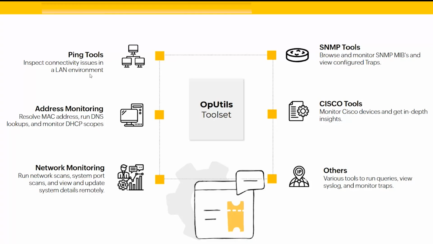There are 6 different groups of tools: ping tools to detect connectivity issues, address monitoring tools to resolve MAC addresses, run DNS lookups and DHCP scope, network monitoring tools to run network scans, SNMP tools like MIB browser, Cisco tools specially designed for managing and monitoring Cisco devices, and finally a general networking toolset to run queries, view syslogs, and monitor traps. With this, we get a broad set of utilities, and OpUtils ensures that admins don't need to rely on multiple scattered tools. They can manage everything from one place.